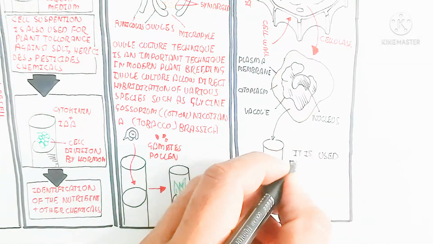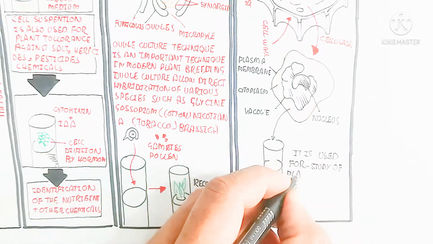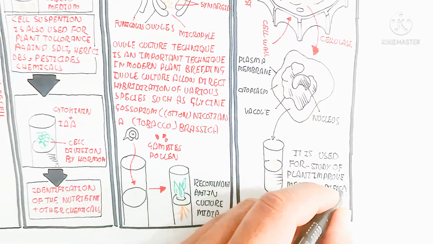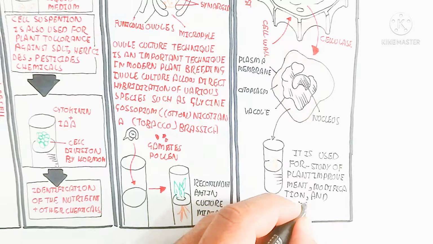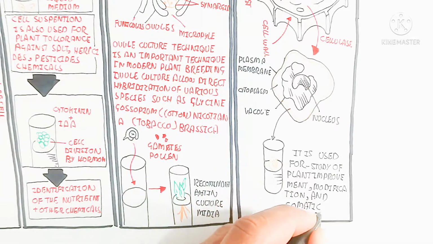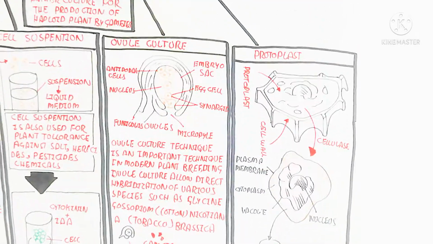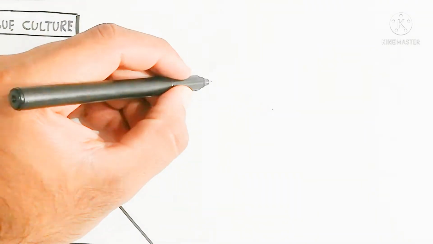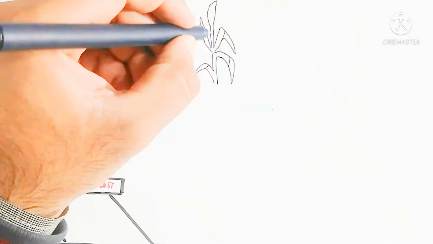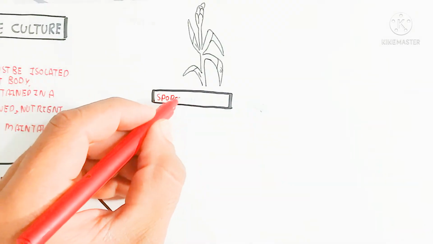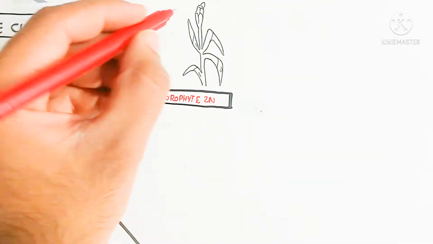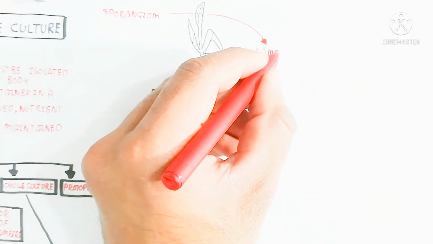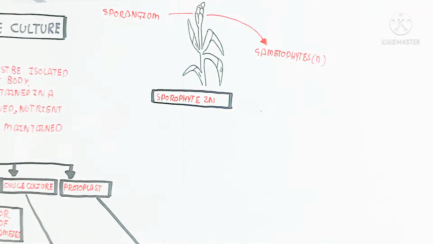So we can put this protoplast, see, this is the protoplast, and it is used for the study of plant improvement, modification and somatic hybridization. Somatic hybridization also occurs, but in this case you need to understand that a gamete can also be introduced for a new combination.